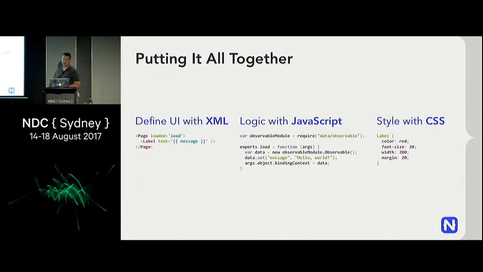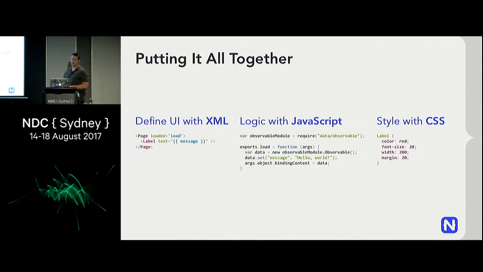Putting this all together, we're fans of XAML at Progress because of our rich history with building UI for WPF, et cetera. And so we've defined an XML dialect that you can use. For those of you who are used to React Native, this is sort of akin to JSX, where you can actually specify a UI, and then those will map to individual elements that are native constructs on the individual platforms.